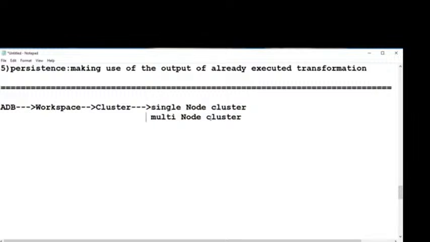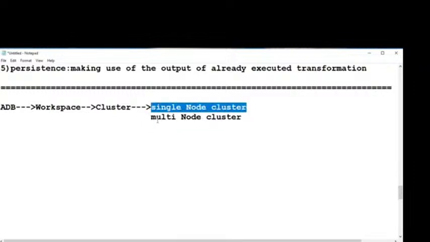In the multi-node cluster, you need to select the number of worker nodes you require, and you can choose the configurations for your driver node and worker node. With high configurations, more charges will be applied. For less configurations, for your practice purpose, go with a single node cluster.